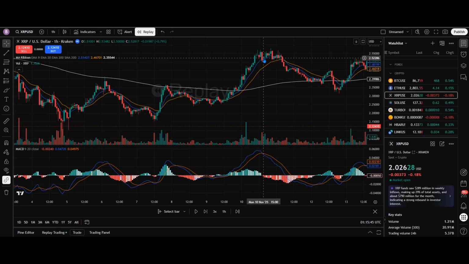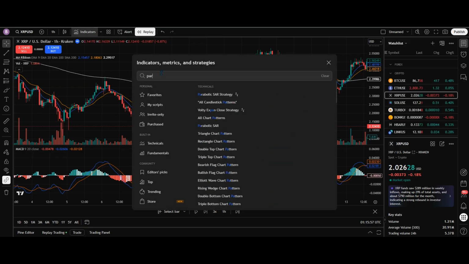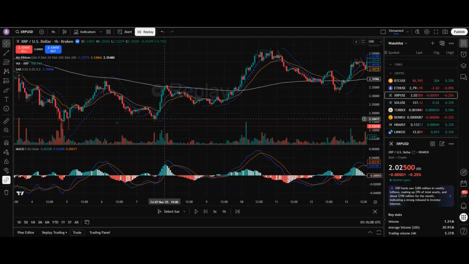So one thing I wanted to add, which is pretty much a gem of an indicator, right? It's called parabolic SAR. Now this is just a little bonus that I want to throw in here. So when you select parabolic SAR, you're going to see this series of dots, right?